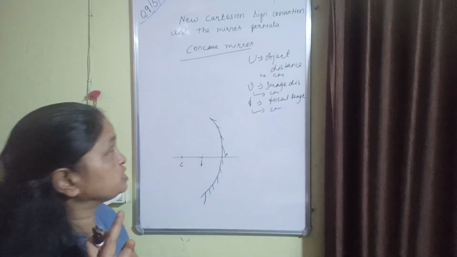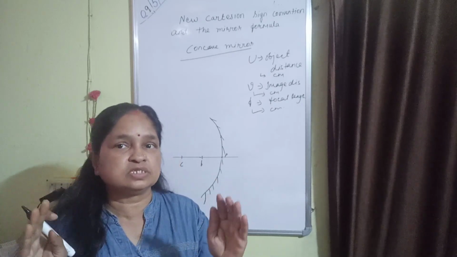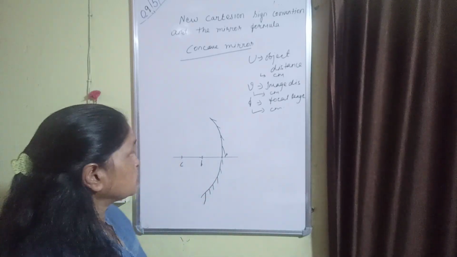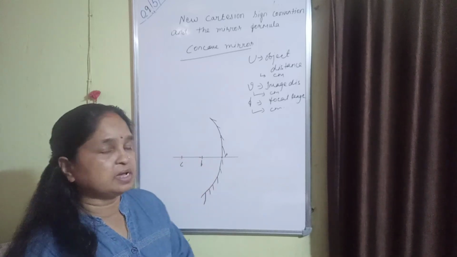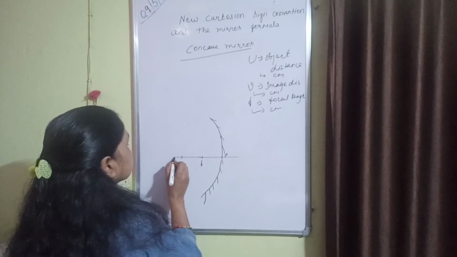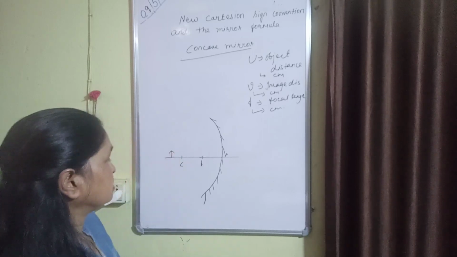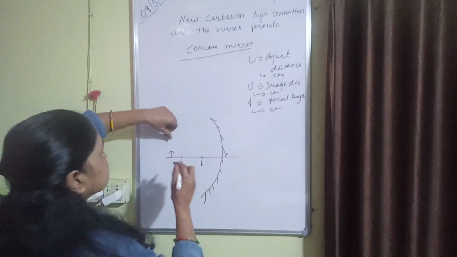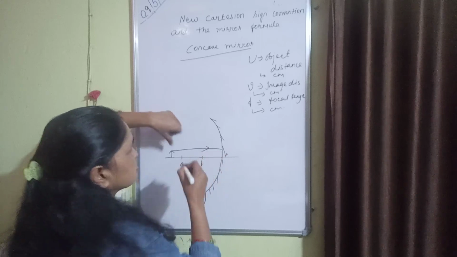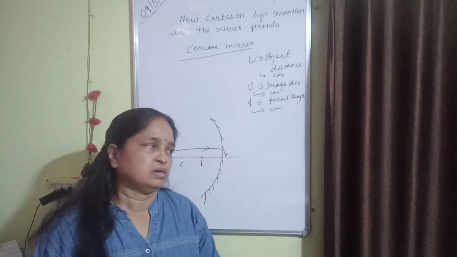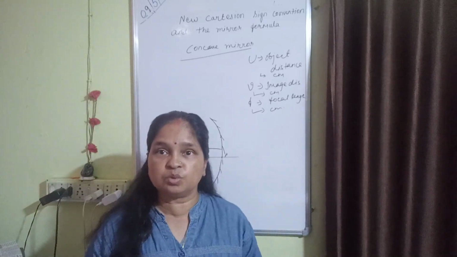So here you will see, if for example we are keeping the object beyond C, naturally the incident ray will be parallel to the principal axis. Then again students, you will think from where and how we will measure.